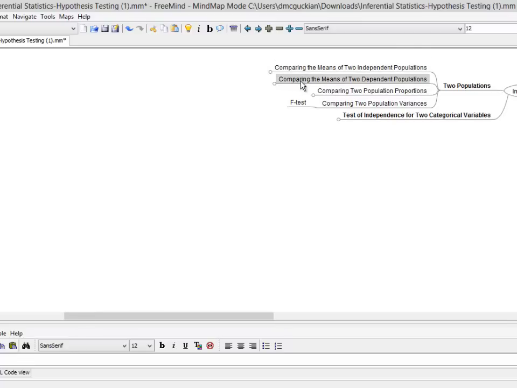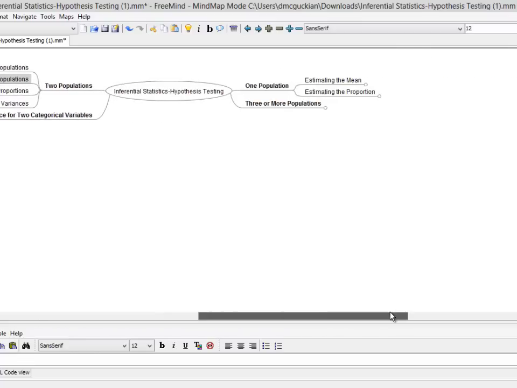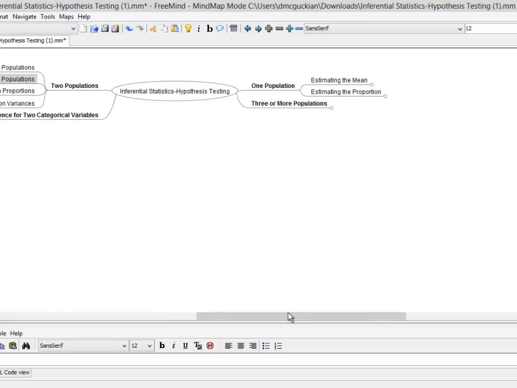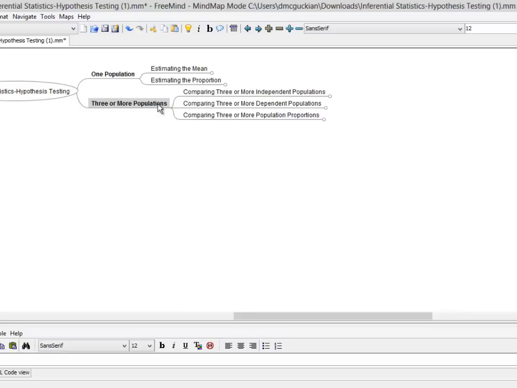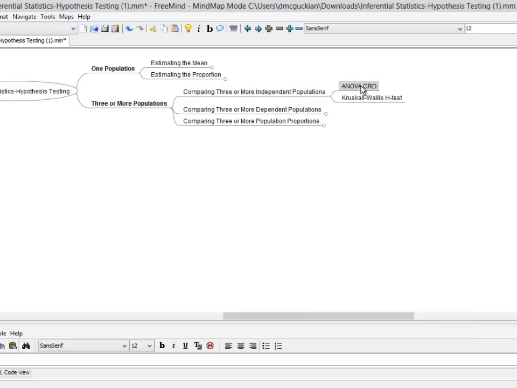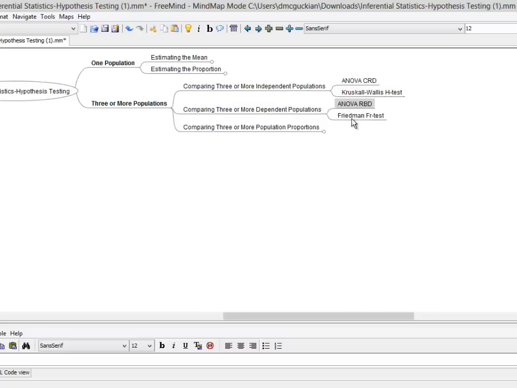For example, if I said that the ANOVA CRD procedure is to the Kruskal-Wallis H-test as the ANOVA randomized block design procedure is to the, you'd want to say Friedman Fr test, because ANOVA CRD goes with Kruskal-Wallis just like ANOVA RBD goes with Friedman Fr. They're essentially the same procedure, but one is the parametric version and the other is the non-parametric version. So they're used for the same kinds of data.